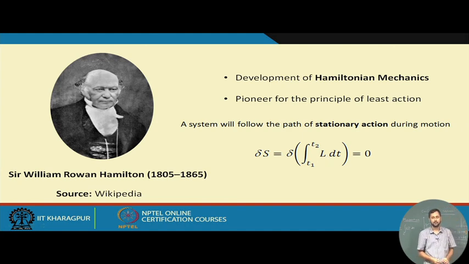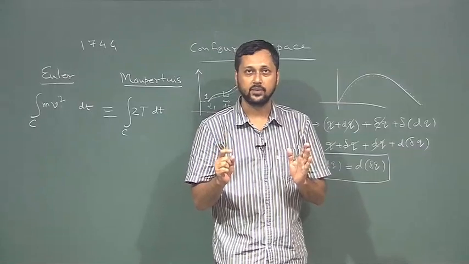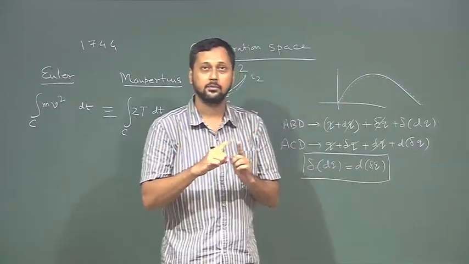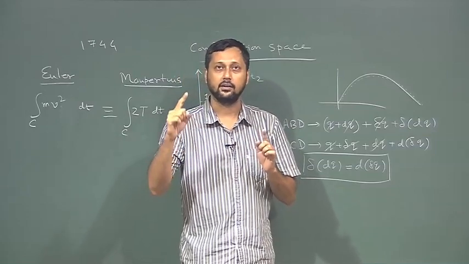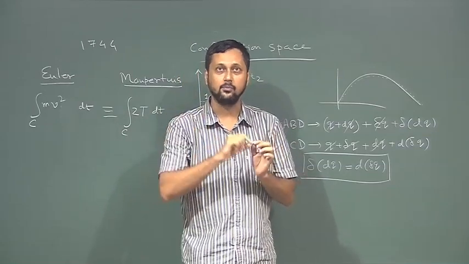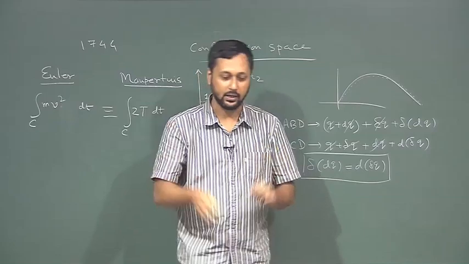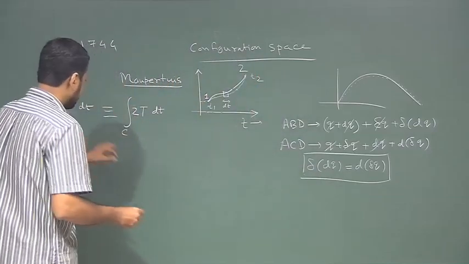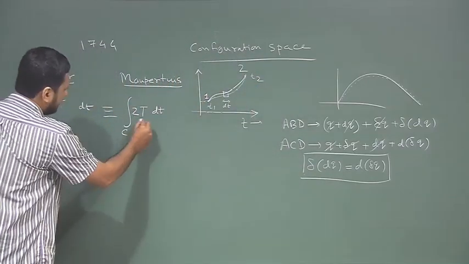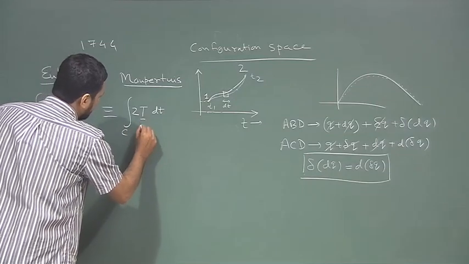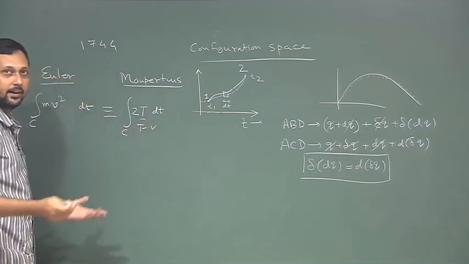What is the meaning of stationary? Stationary means that if the variation of that integral along a particular path is 0, the system will follow that path. So what it did essentially was replace T with T minus V, that is, the Lagrangian.